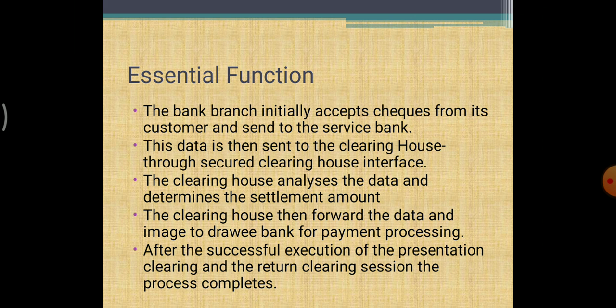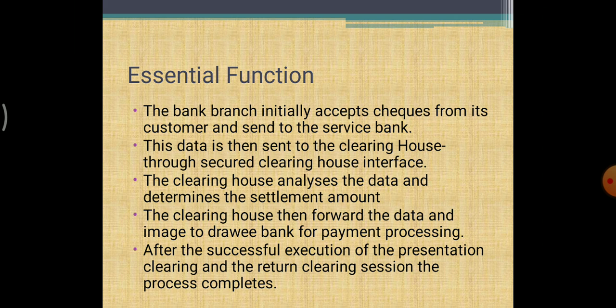Next we can see the essential functions performed by the parties involved in carrying out cheque clearing under the cheque truncation system. First, the bank branch accepts cheques from its customer and sends them to the service bank.